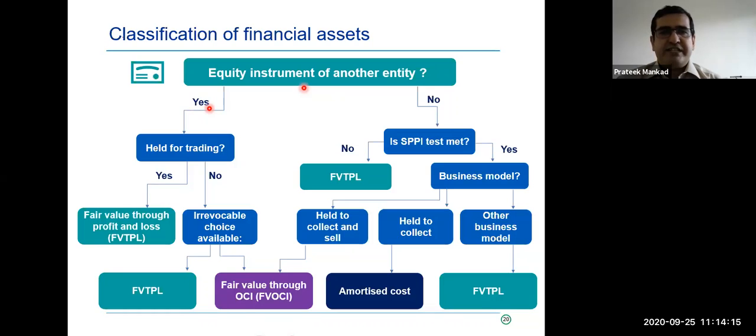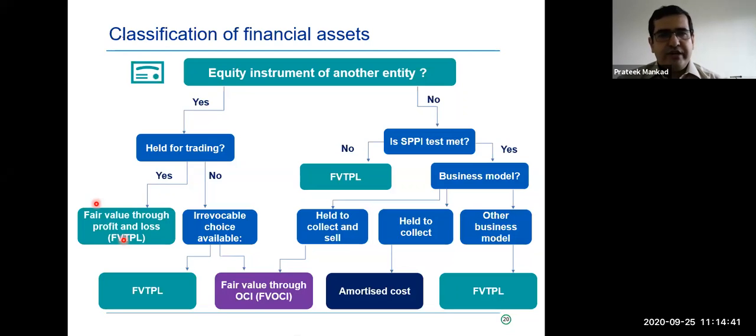Is it an equity instrument of another entity? The answer is yes. Right? So here, SPPI is irrelevant. Equity share of another entity, you ask yourself, as the holder or as the investor, will you hold this for trading? If you hold this for trading, fair value through profit and loss is the only option. There is no other choice.